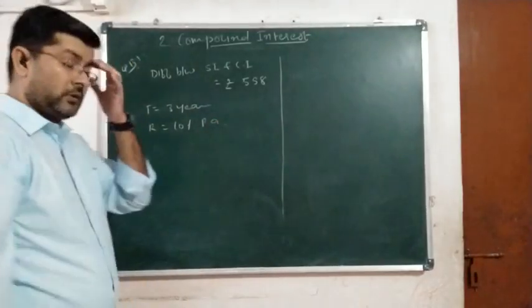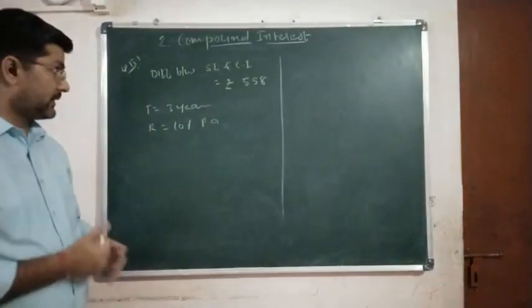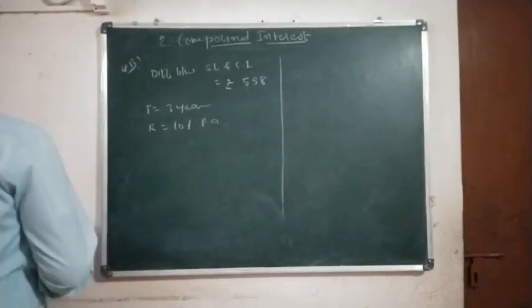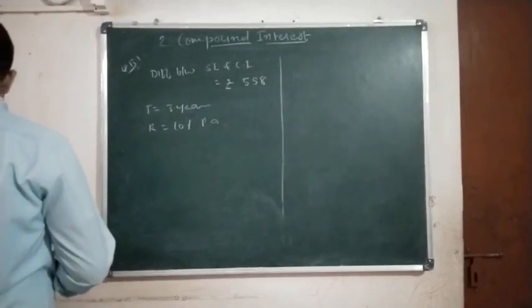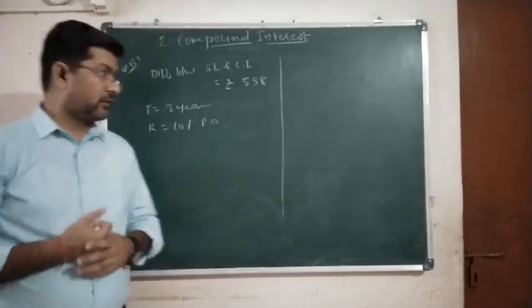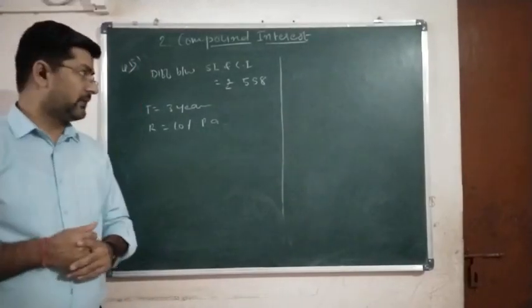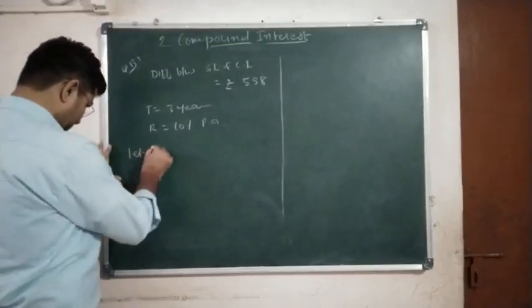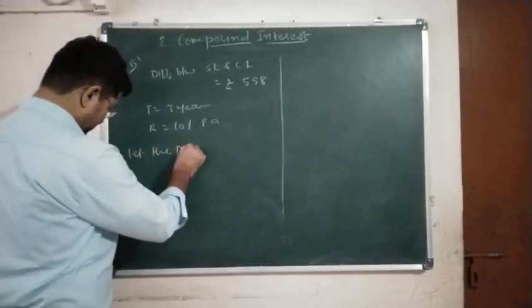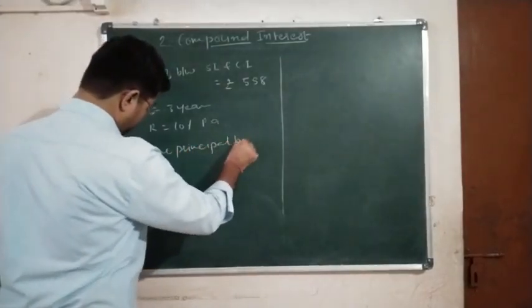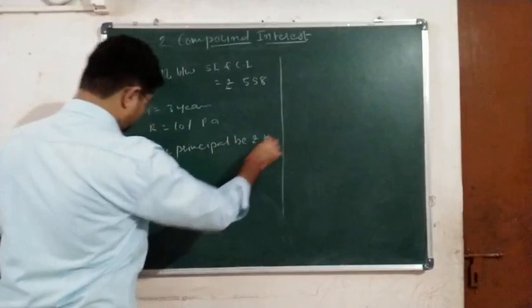Clear? So what we will do, we will consider some principal. Principal is not given, that we have to find out. We have to find the sum, that is principal. So we will consider some value of principal. We can consider it to be x. So let the principal be rupees x.